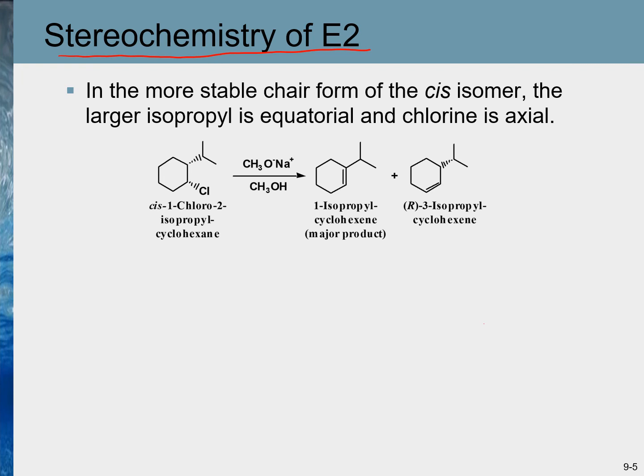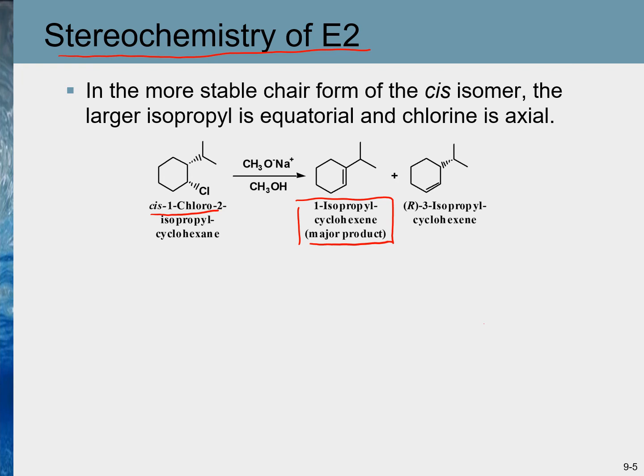Consider the elimination reaction in case of cis-1-chloro-2-isopropyl cyclohexane. In this elimination reaction, we do get the normal regioselective outcome, that is the more substituted alkene is the major product. So that's what we expect in any elimination reaction. So let's try to understand the stereochemistry of this reaction.